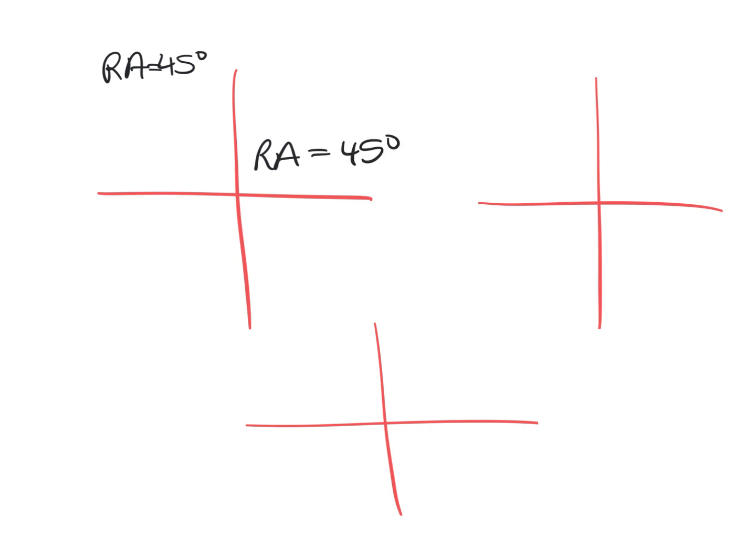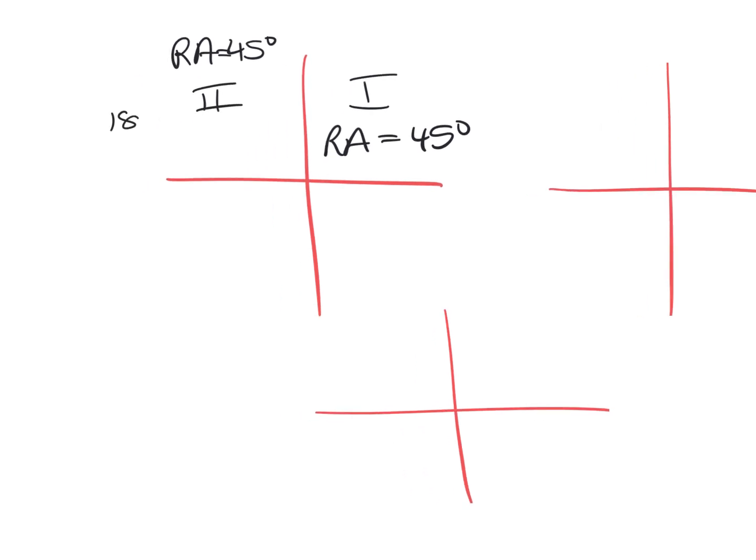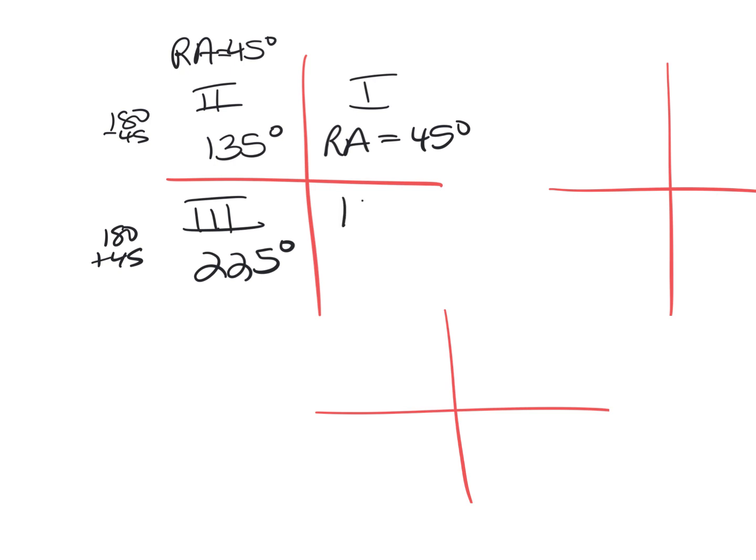We know that in quadrant 2, this is going to be 180 minus that 45, so it's 135. And then in quadrant 3, it'll be 180 plus 45, and that's going to be 225. And then in quadrant 4, this is going to be 360 minus 45, and it'll be 315. So if you want to memorize 45, 135, 225, 315, then you don't have to go back and recalculate it each time.